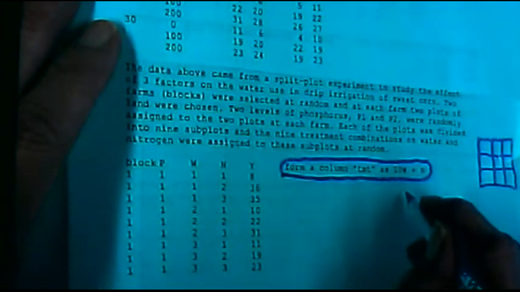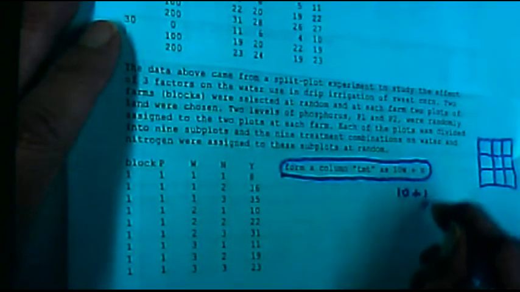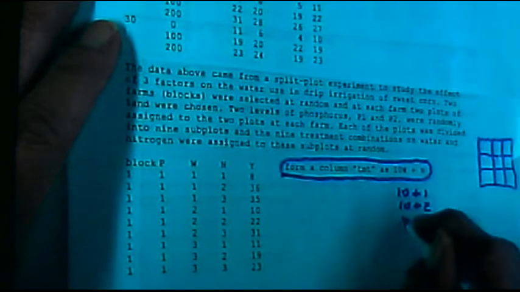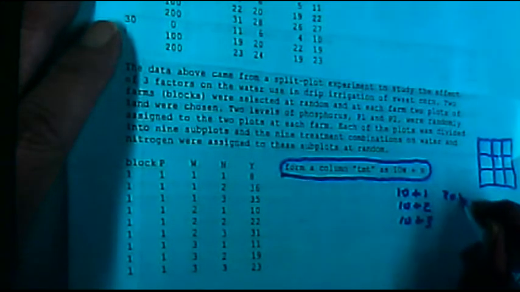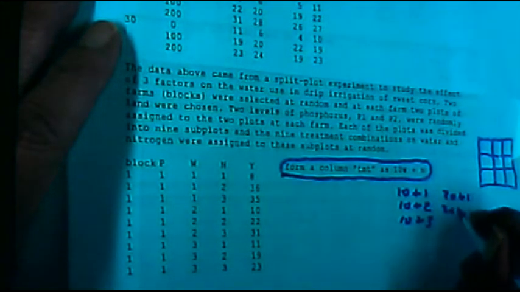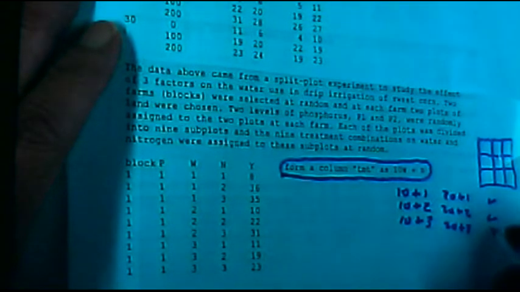So when W is 1, I'm going to get 10 plus 1, 10 plus 2, 10 plus 3. When W is 2, I'm going to get 20 plus 1, 20 plus 2, 20 plus 3. And then there's one more case when W is 3.